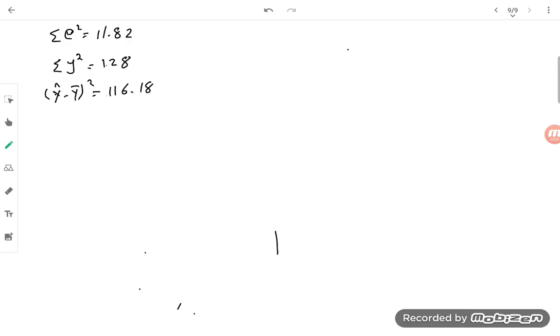If you add 116.18 plus 11.82, this is the ESS plus RSS, you can find the value of TSS, which is 128.